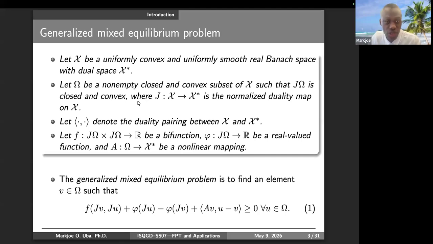So let X be a uniformly convex and uniformly smooth real Banach space, and the dual space would be X star. Then we have Q to be a non-empty closed and convex subset of X, such that J of this set is closed and convex.